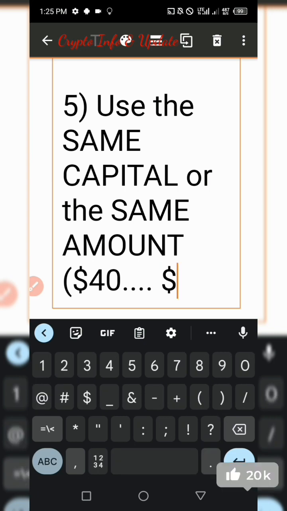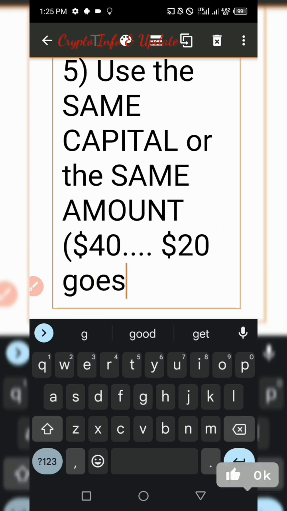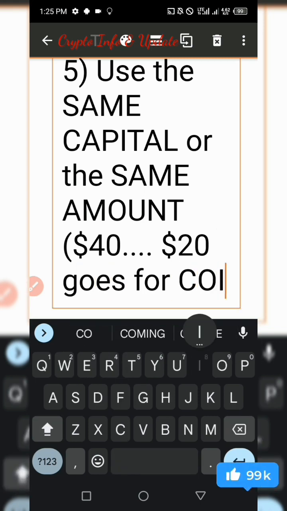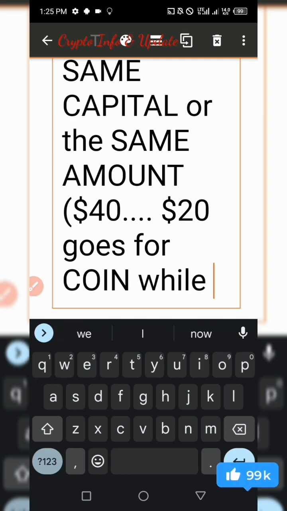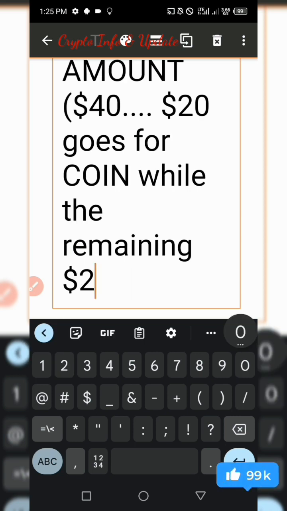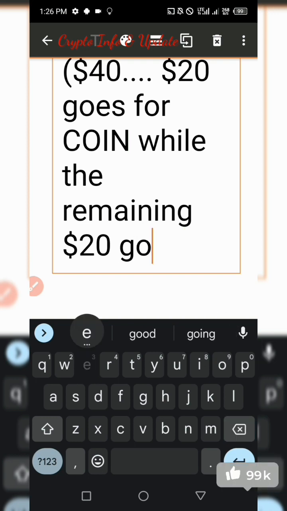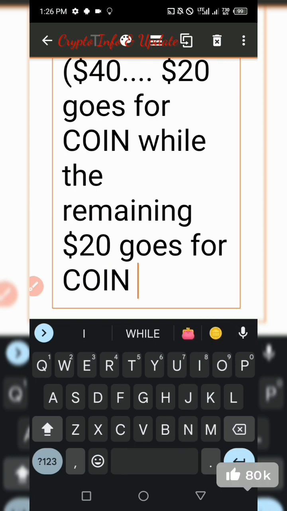Let's say $20 goes for coin A, while the remaining $20 goes for coin B. All right.